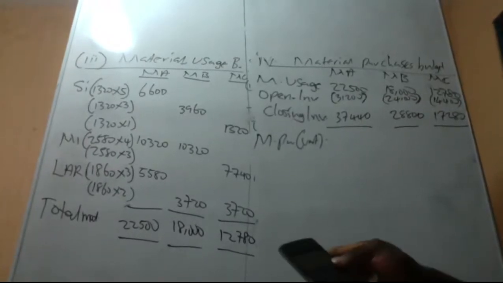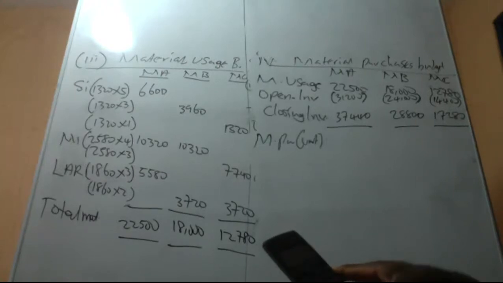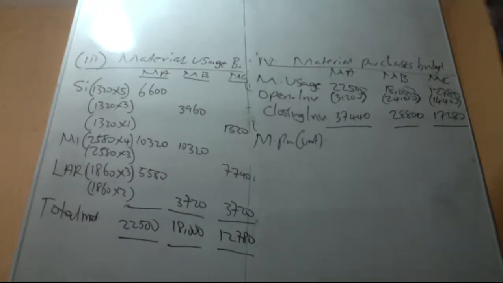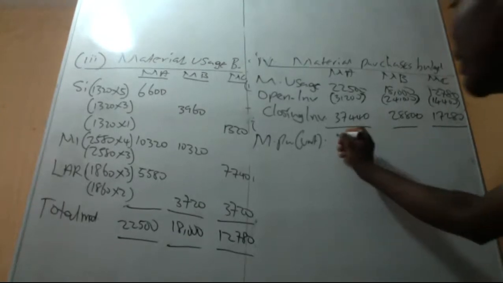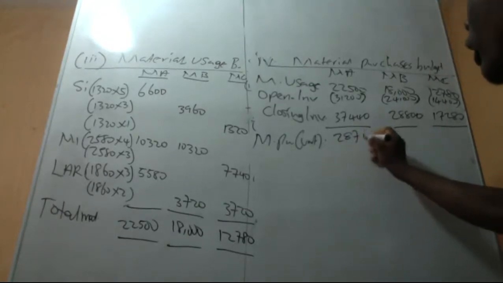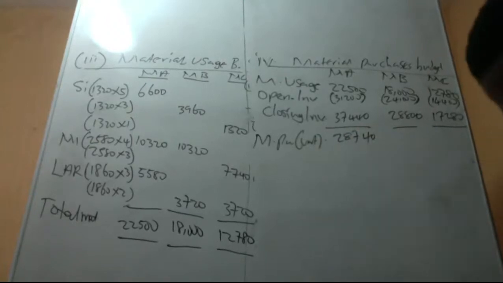So it will be 22,500 minus 31,200, finally plus 37,440. So that's 28,740. So it means that we have to go and buy 28,740 units. This one is in units.